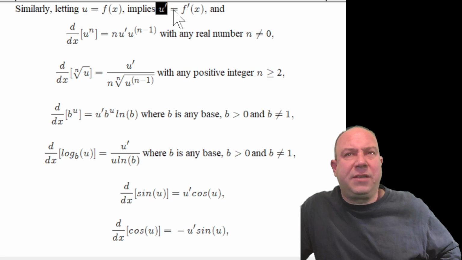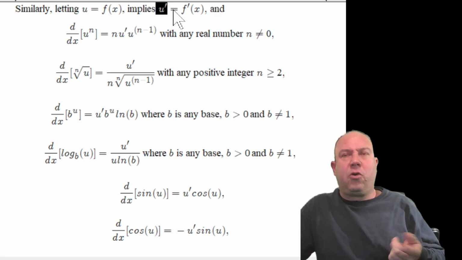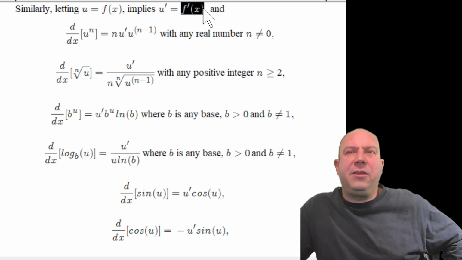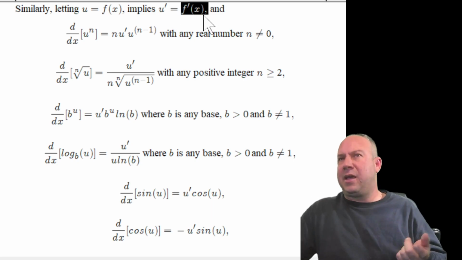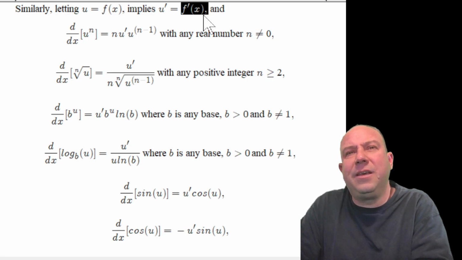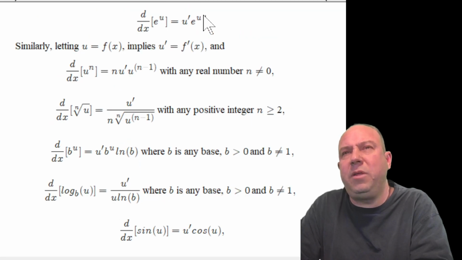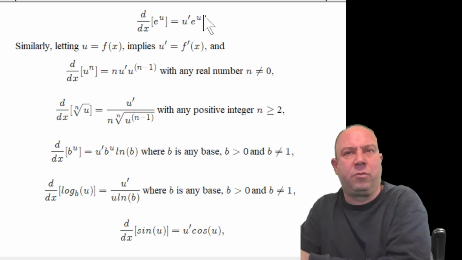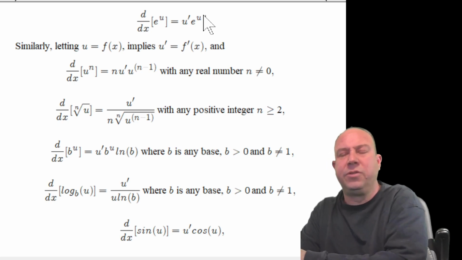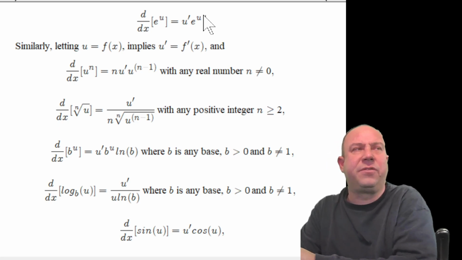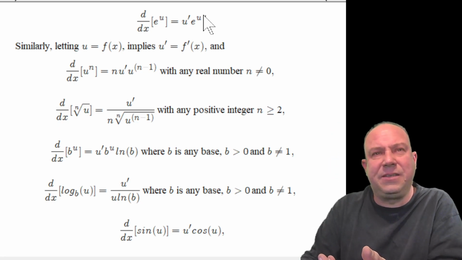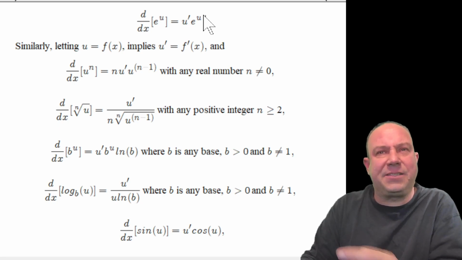Our result is then going to incorporate a factor of u prime, where that u prime is the value we think of as being f prime of x. And these are extremely more powerful results to store away and remember for our derivative rules than just the generic results for the case of x themselves, or maybe I should say the simple cases where u is equal to x.